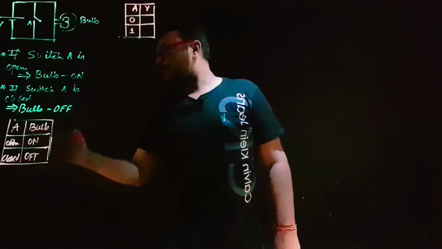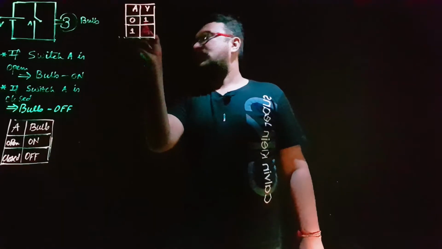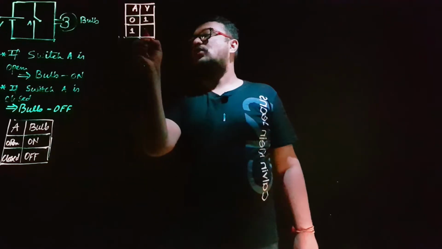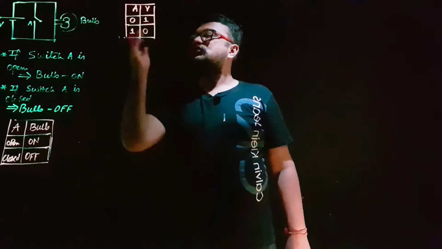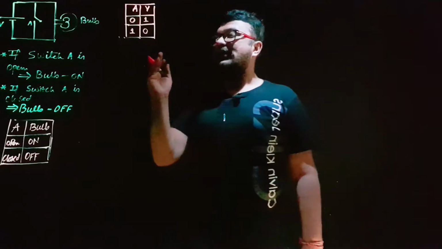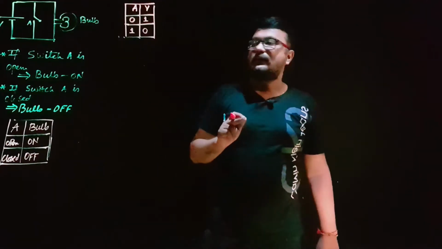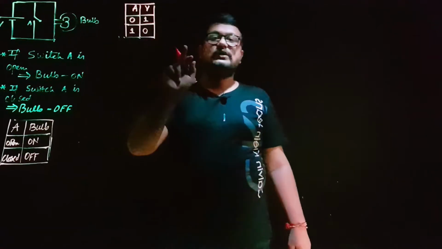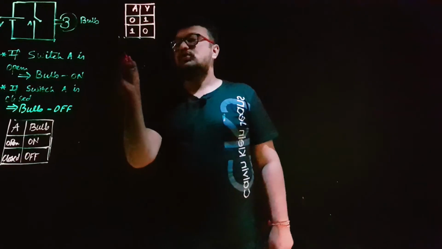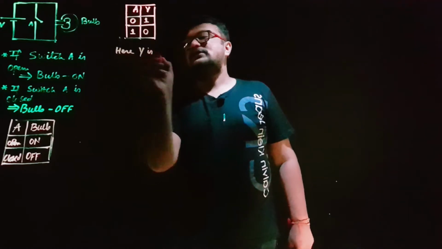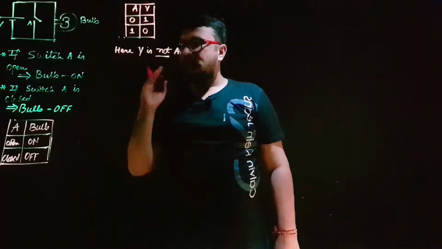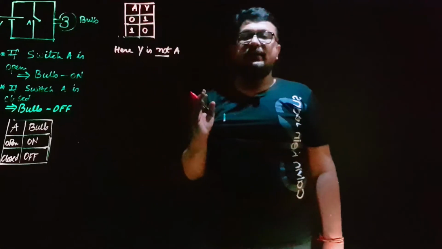When A is open, the bulb is on, meaning 1, and when A is closed, the bulb is off, that is 0. So here you can say that Y is not A. If A is 1, Y is 0, and if A is 0, Y is 1. Here Y is not A, right?